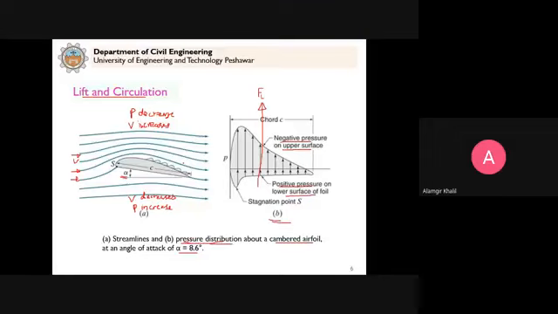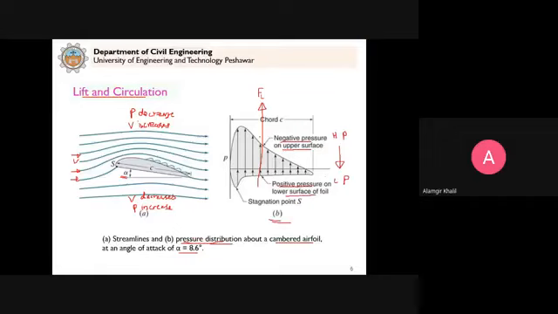Very important: if it happens that we have high pressure here, and you modify the shape so that we have low pressure here, then in that case this force will be acting down.